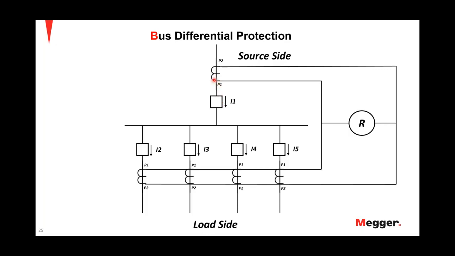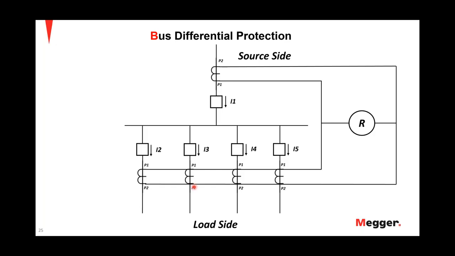Here is the source side, the main breaker feeding into the bus, and it has multiple feeder breakers feeding the rest of the loads on the load side. I have a relay connected to the CTs on both the source side and the load side. You can observe that the CTs are parallel from each circuit breaker. And of course, what I'm showing here is only the single phase representation of the connection diagram.